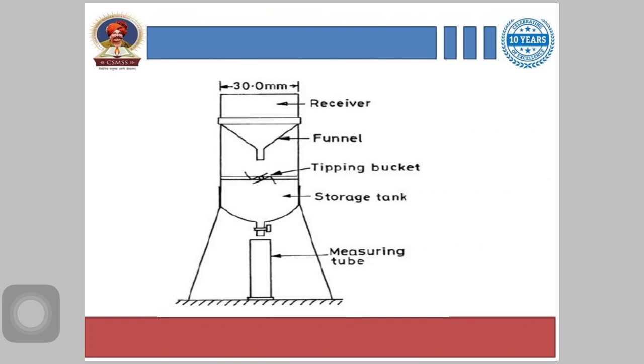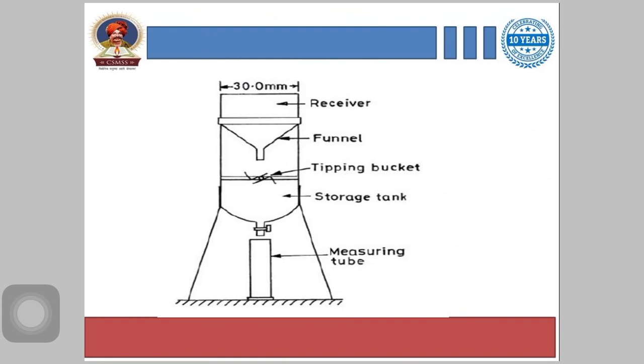As we saw in the previous lecture, in the case of the Simon rain gauge also, the collected water is measured with the help of a graduated measuring tube. In the same manner it is measured in this case also. This rain gauge is more suitable to measure the rainfall in hilly areas and areas which are not accessible.